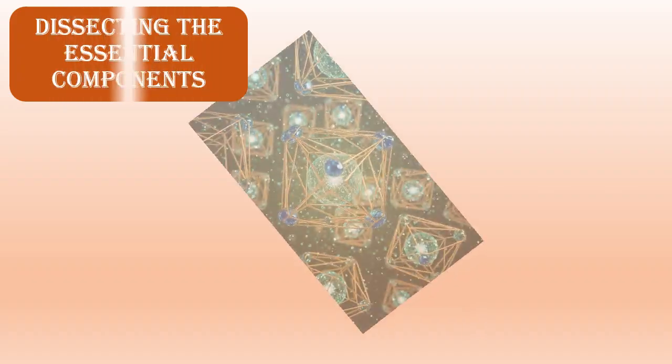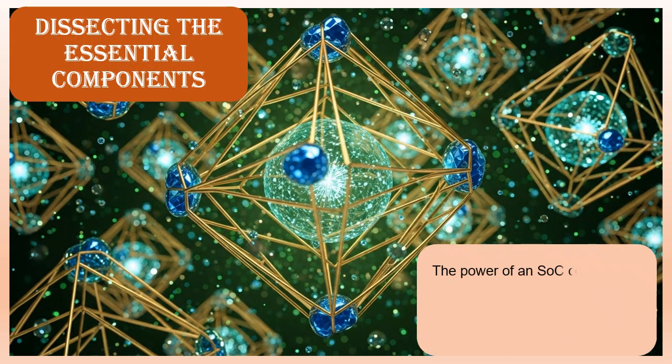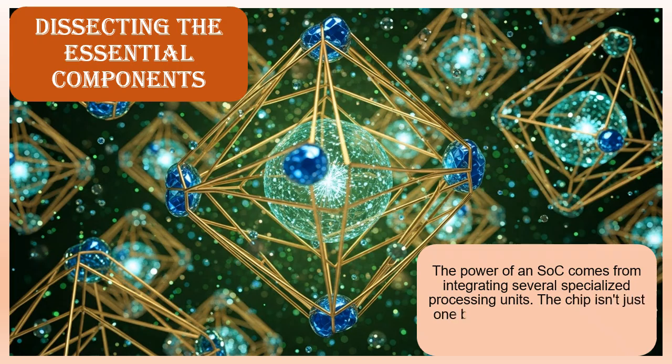Dissecting the essential components. The power of an SoC comes from integrating several specialized processing units. The chip isn't just one brain, it's a coordinated team of processors working together. The core processing units.